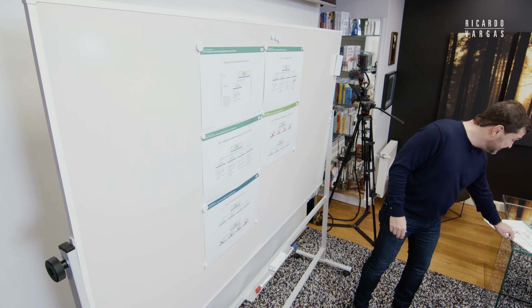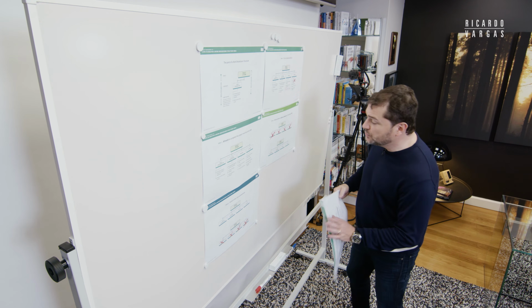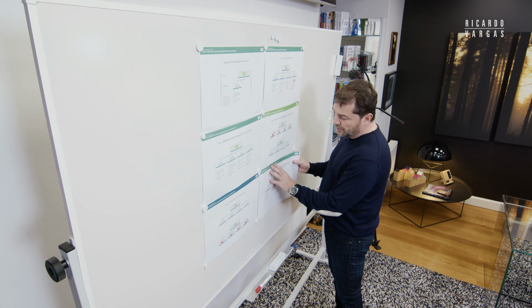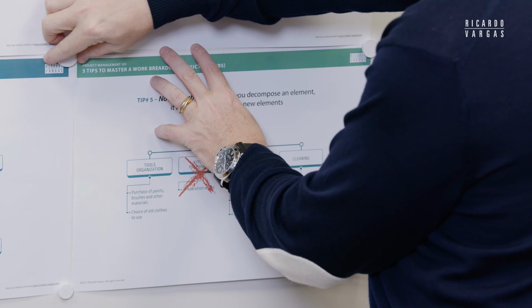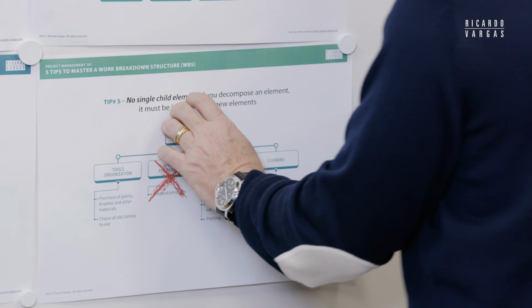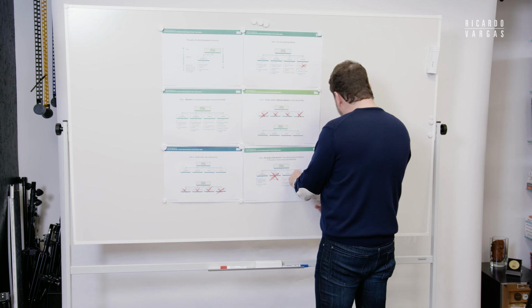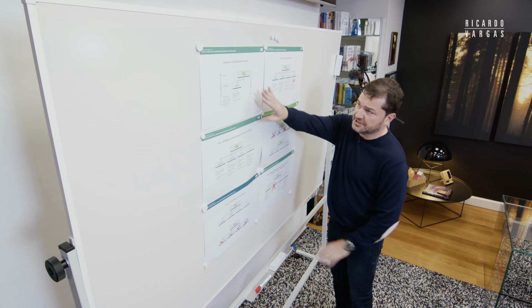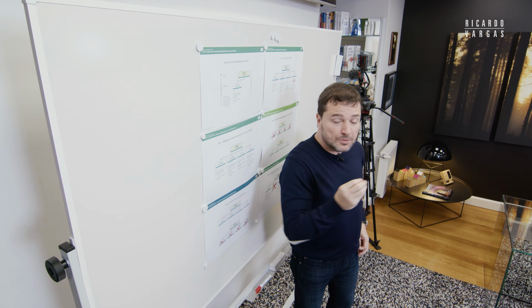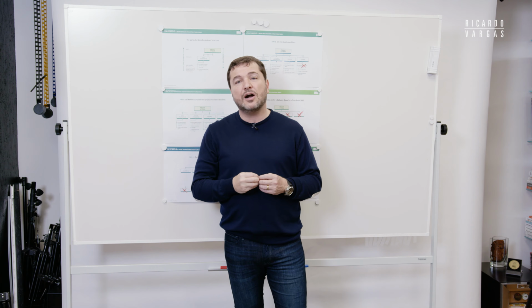And last, but not least, is to avoid what we call single child items. Look, if we go back to the main definition, what is decomposition? Let's go to the meaning of the word.